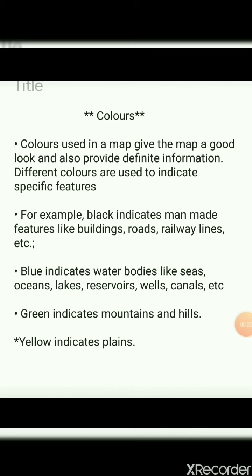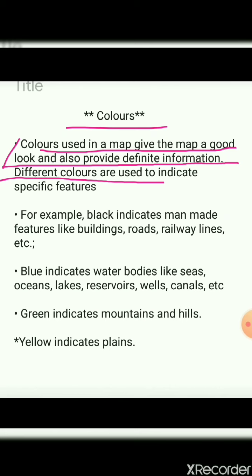Now students, we will go on with the colors. Colors used in a map give the map a good look and also provide defined information. Different colors are used to indicate specific features.